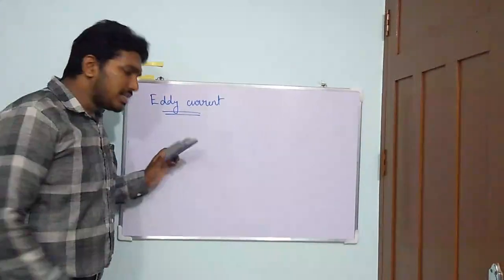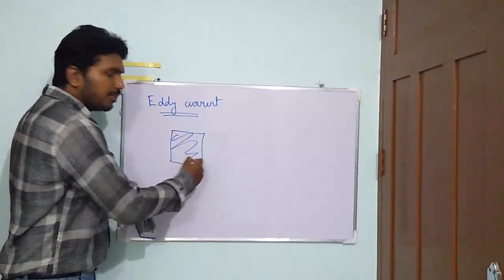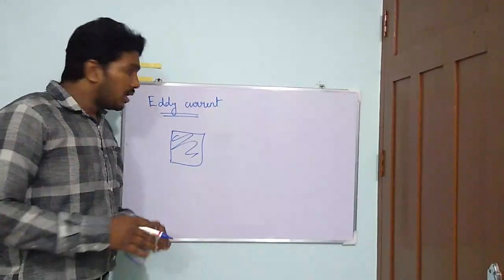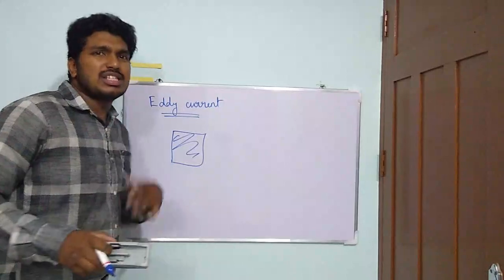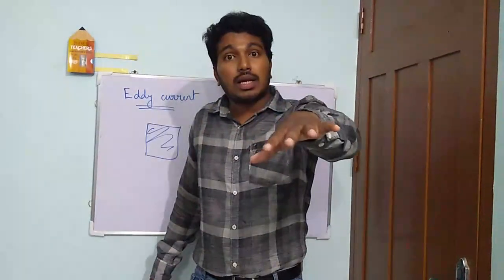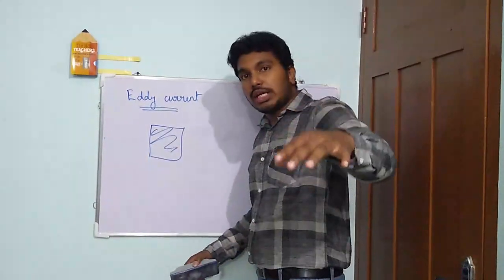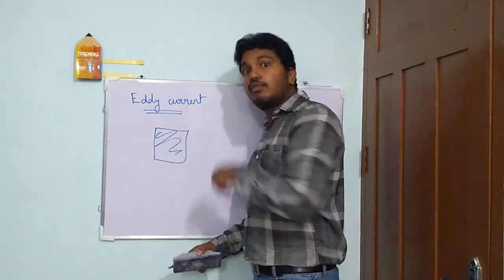Eddy currents means, suppose I have a bulk material here, and for this bulk material, the magnetic flux associated with it is changing. You know that whenever the magnetic flux is changing, there will be an induced EMF, right? So when there is a magnetic flux change, there will be an induced EMF and a current will flow.